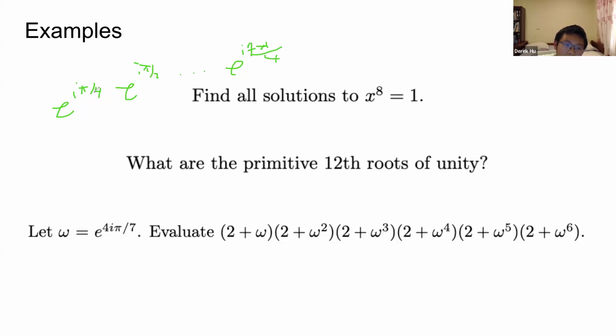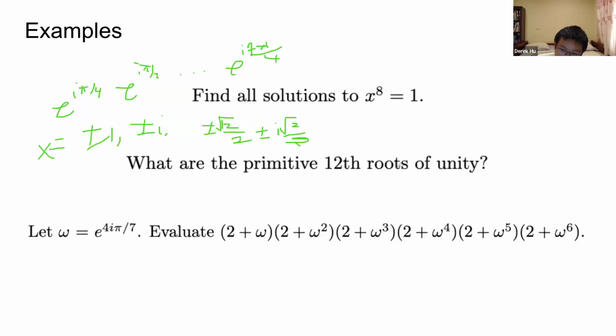You can evaluate these if you want, but it's plus or minus 1, plus or minus i, and then plus or minus root 2 over 2, and plus or minus i root 2 over 2. So that's x to the eighth equals 1.